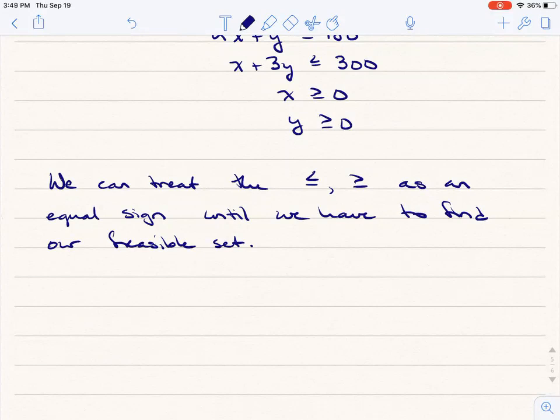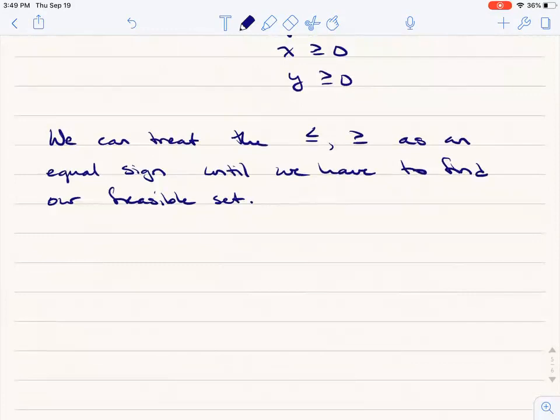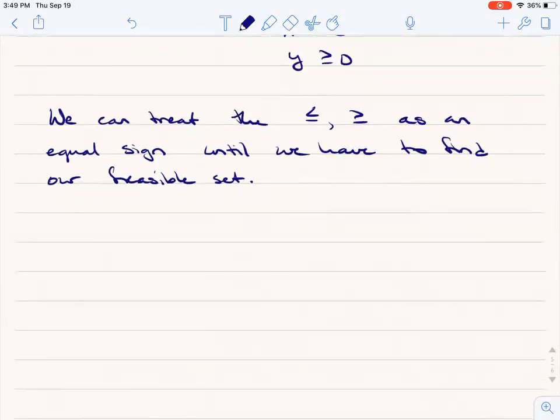I have to mention too that if you multiply or divide both sides by a negative, then the sign changes. That's not going to happen for us, so it's not a thing that you have to worry about. It's just something I have to say and write down because it's the truth.